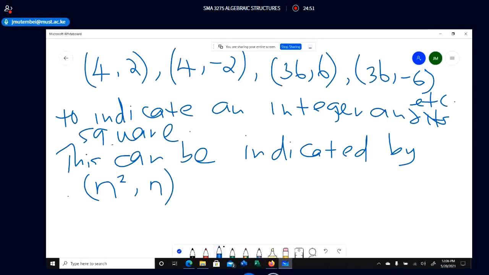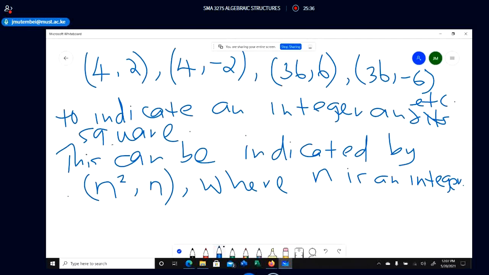So that the first entry in the ordered pair is the square of n, and the second one is n itself, where n is an integer. And we note that since the squares of integers are also integers, these ordered pairs belong to the set which is the Cartesian product of z cross z.